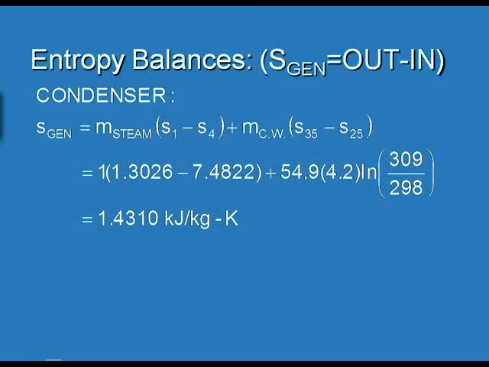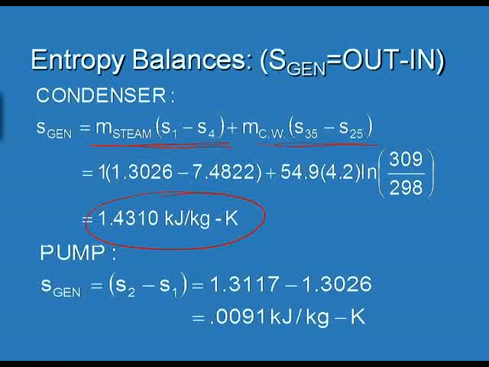Here the entropy generated, if you do a balance about the condenser, it's mass of the steam times S out minus S in for the steam, plus mass of the cooling water times S out minus S in is equal to the entropy generated, comes out to 1.43 kilojoules per kilogram. In the pump, you recall our delta S, which is also the entropy generated, out minus in, is 0.0091. Very small compared to the condenser.